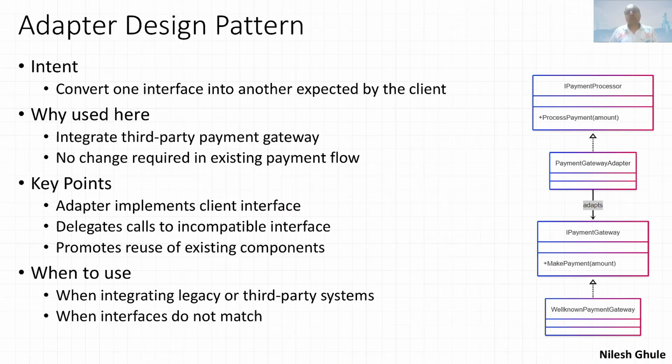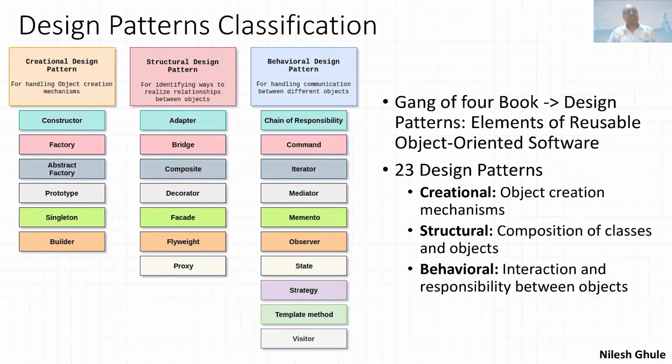So far, I've shown you the implementation of the most common or most popular design patterns. Now it is time to go back to the concepts of design patterns. As I said, design patterns are proven solutions to common software design problems.